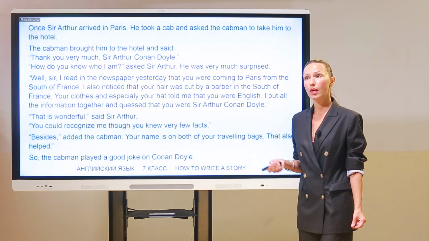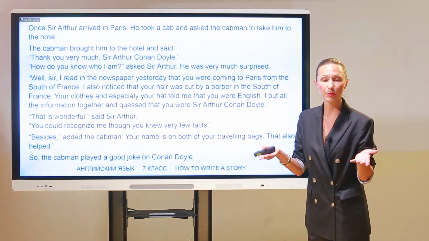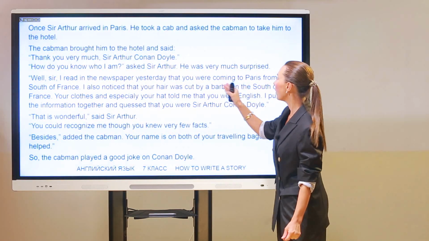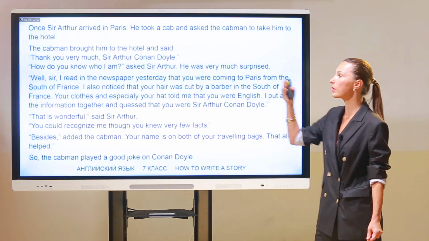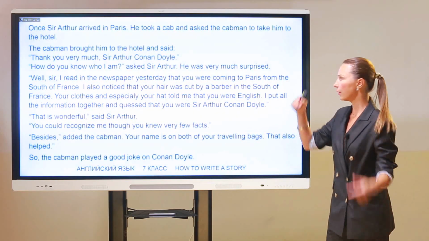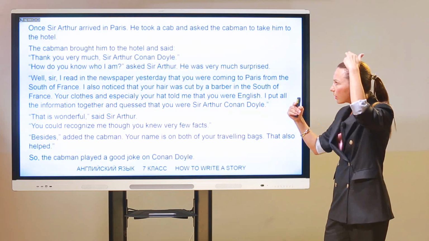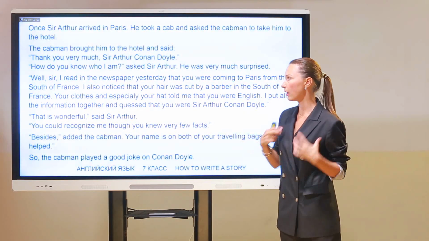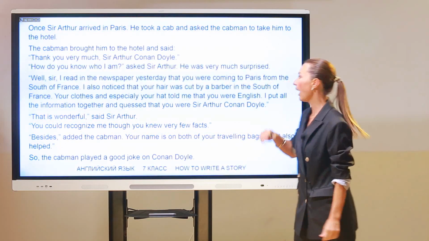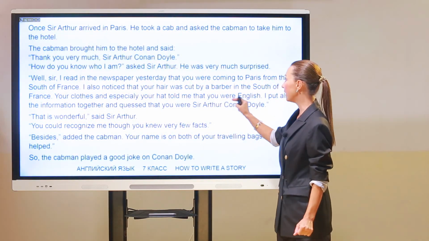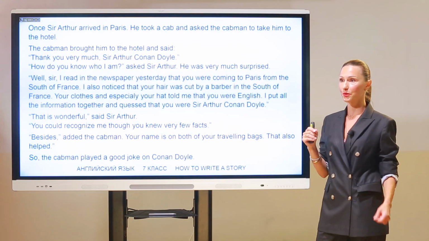"Well, sir, I read in the newspaper yesterday that you were coming to Paris from the south of France. I also noticed that your hair was cut by a barber in the south of France. Your clothes, and especially your hat, told me that you were English.